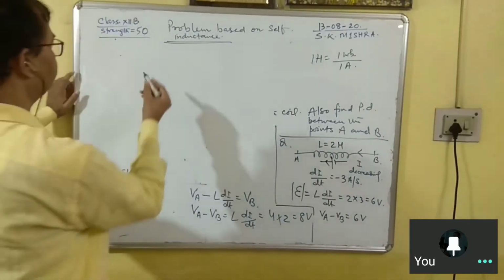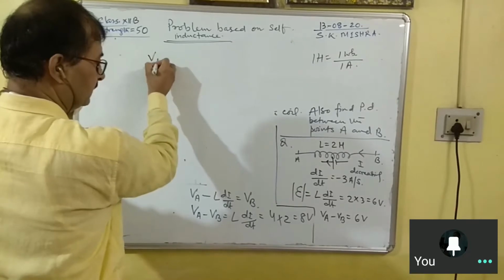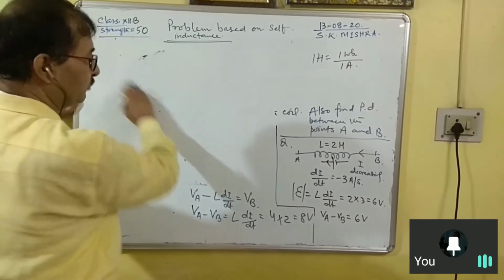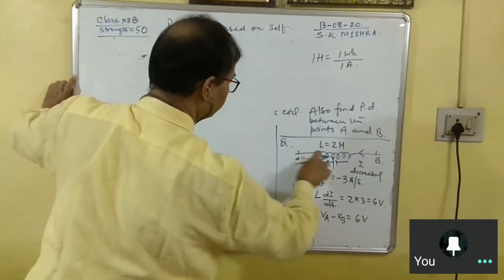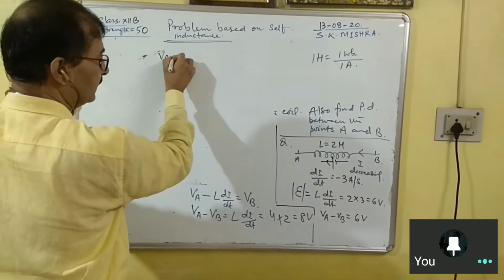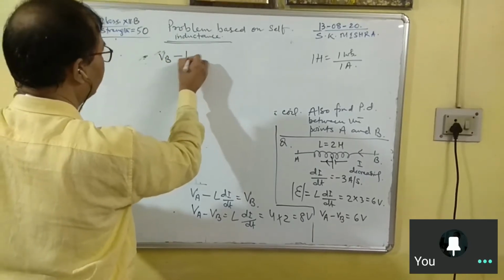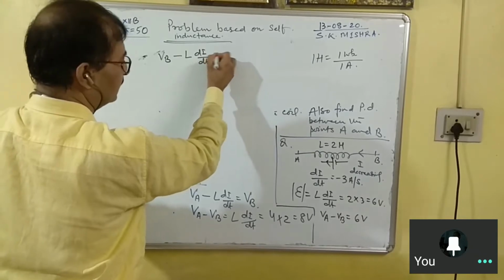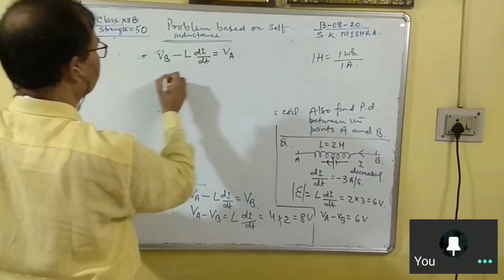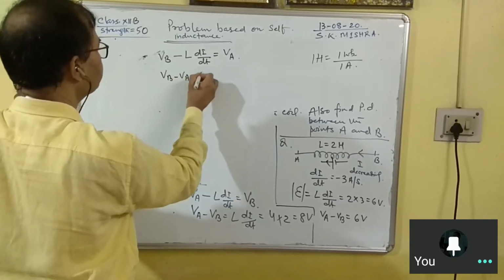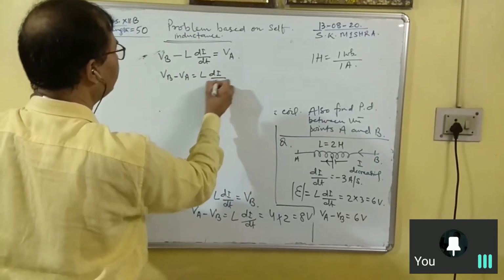So again, if you are moving in the direction of current, B to A, then VB minus L di by dt is VA. So what is VB minus VA? This is L di by dt.